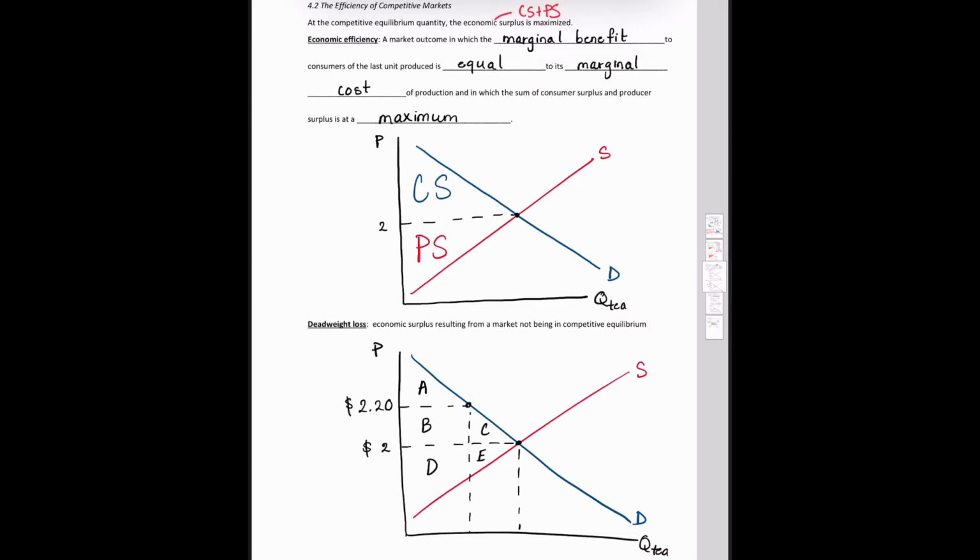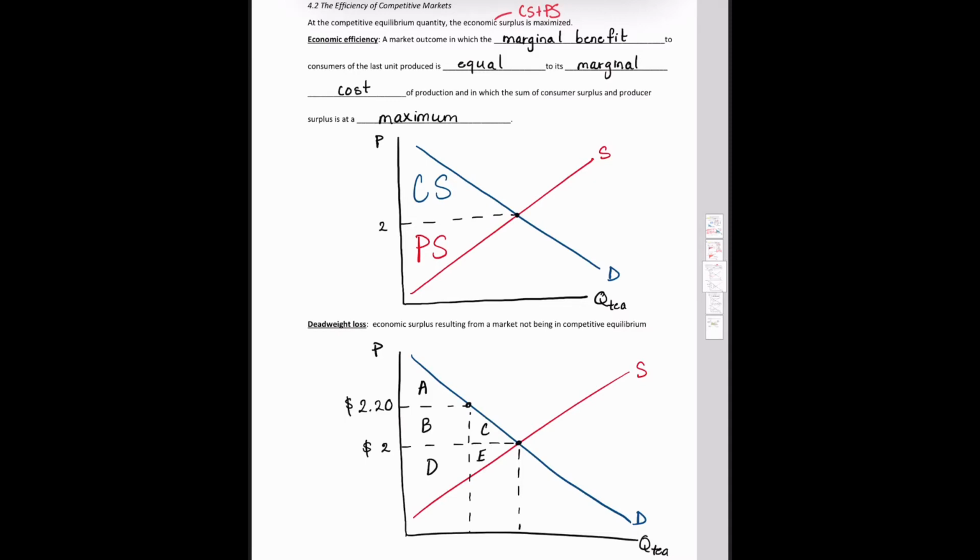So economic efficiency here is a market outcome in which the marginal benefit to consumers of the last unit produced is equal to its marginal cost of production and in which the sum of consumer and producer surplus is at its maximum. So here we have a figure that shows economic surplus in the market for chai tea.